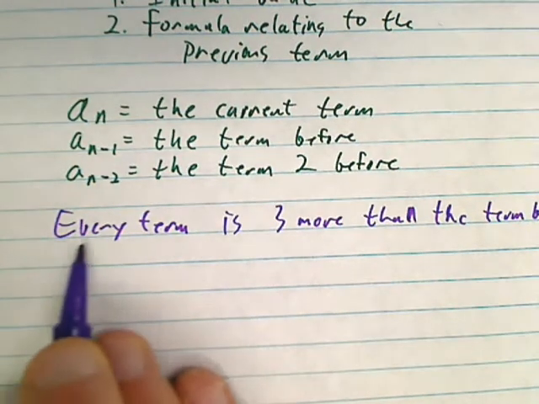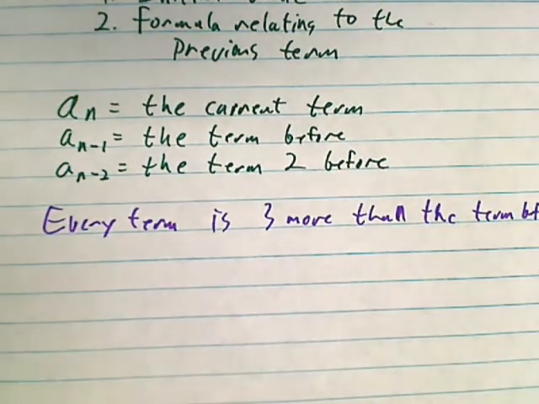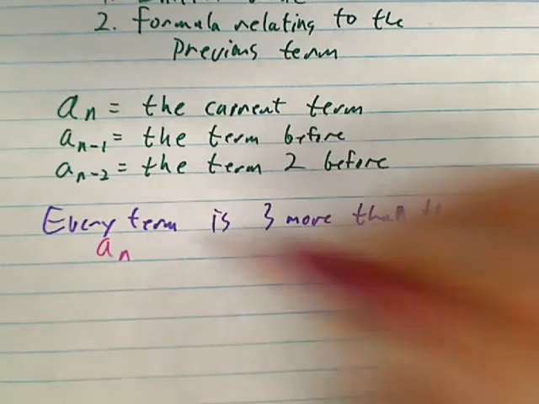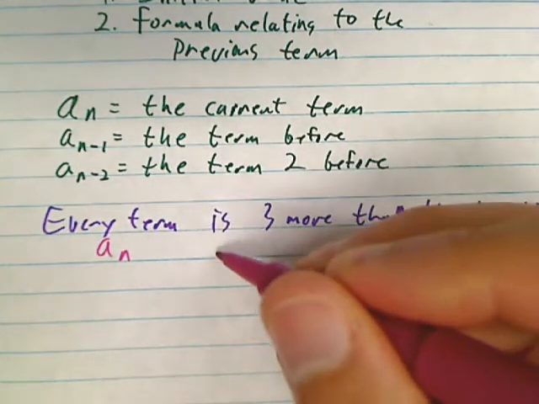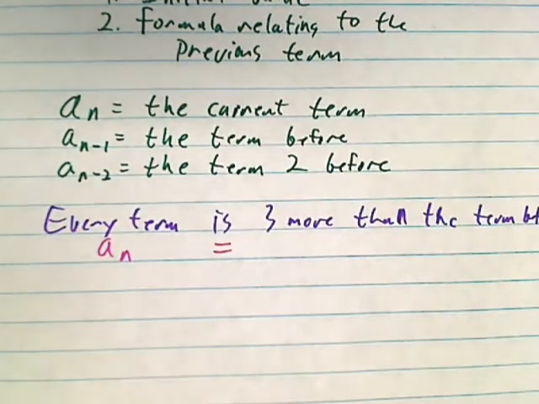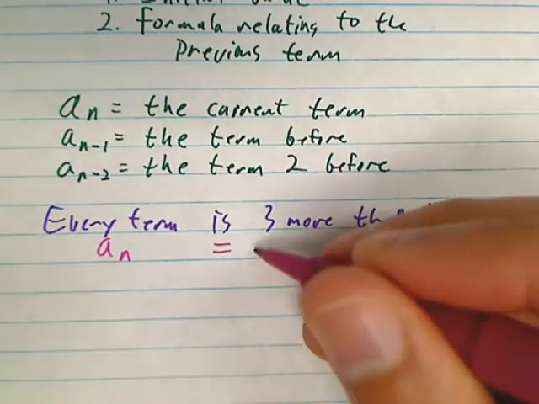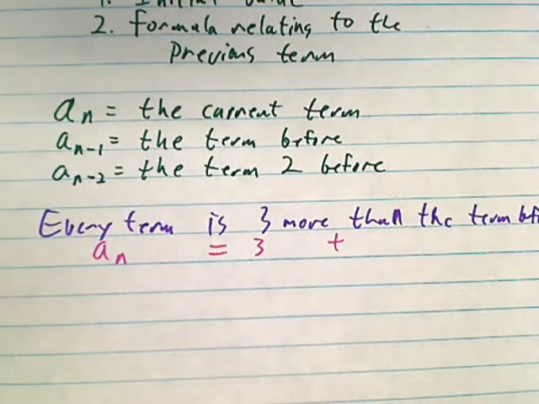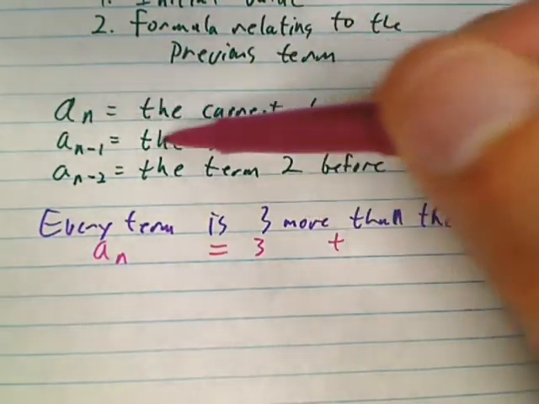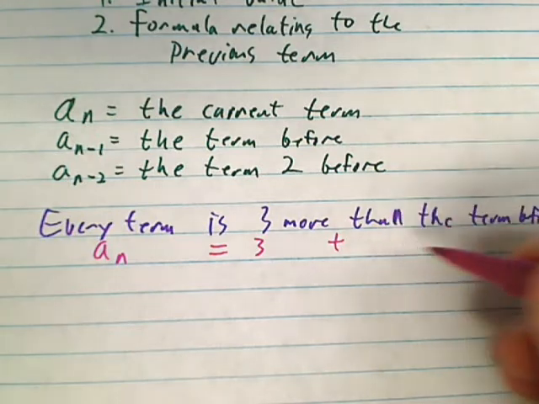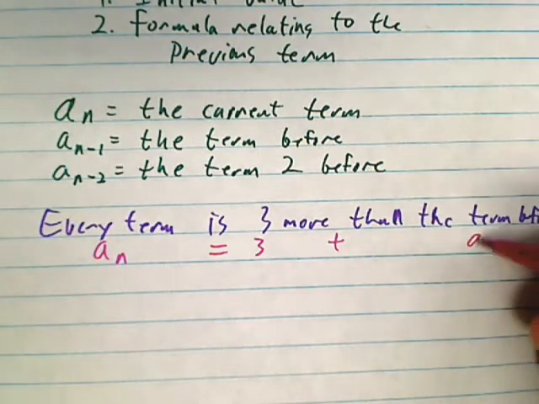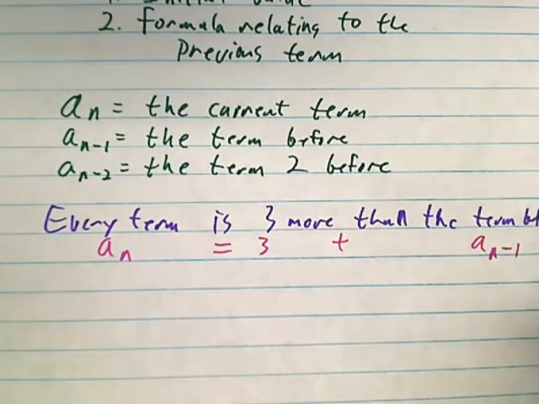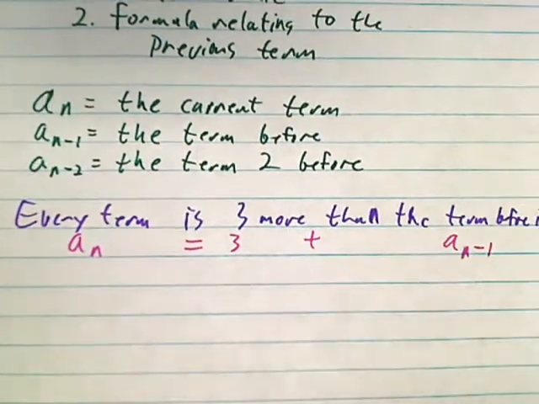Okay, well, every term, that will be the current term, so let's call that a sub n. Is means equals. Is always means equals when it's by itself. 3 more than, and the term before it, that's a sub n minus 1. So I'm going to make that a little more compact.